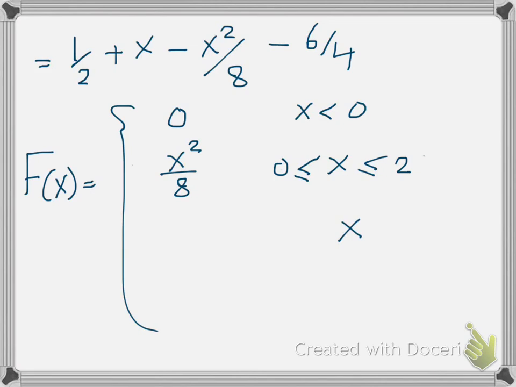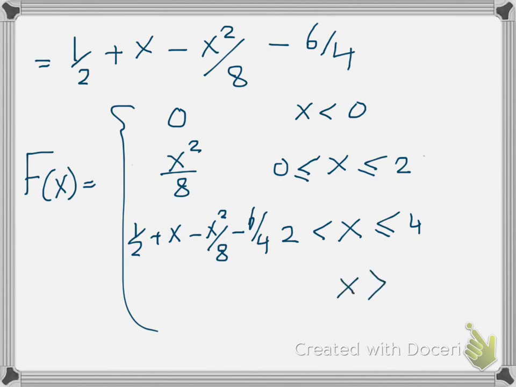When x lies between 2 and 4, the cumulative was 1/2 plus x minus x squared over 8 minus 6/4, or 3/2. And the last one, when x is greater than 4, it's equal to 1. That's all for the cumulative distribution function.